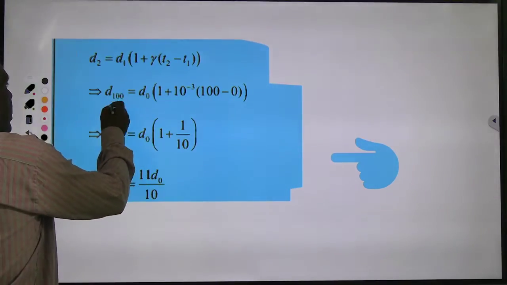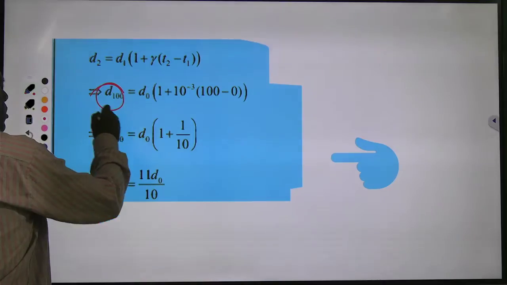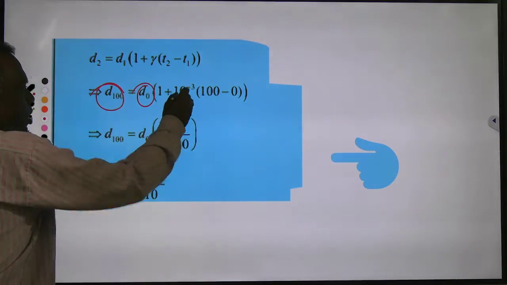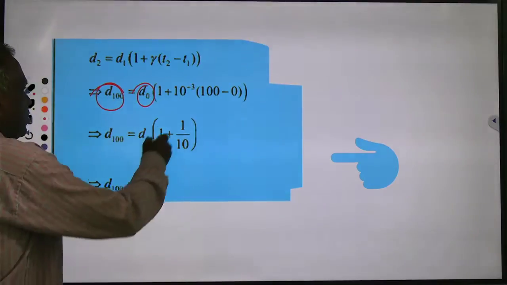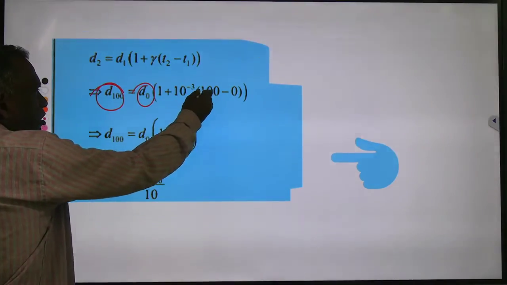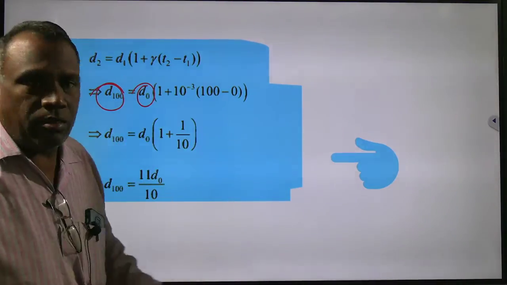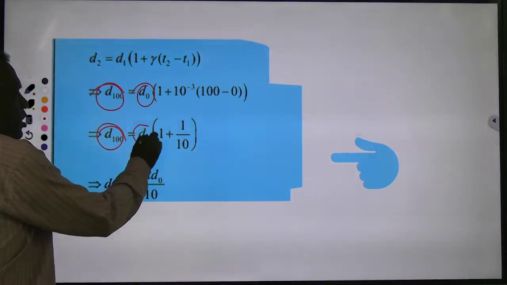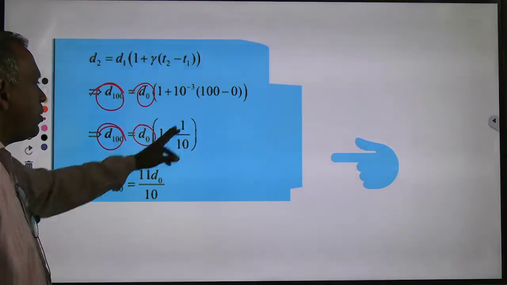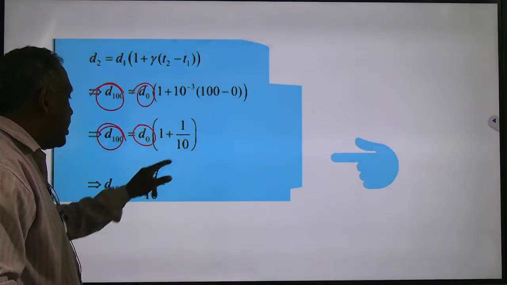So d100 is equal to d naught into 1 plus 10 power minus 3 into 100. That means 10 power minus 3 into 100 is 10 power minus 1, that becomes 1 by 10. So d100 equal to d naught into 1 plus 1 by 10, that is 11 by 10 will come.